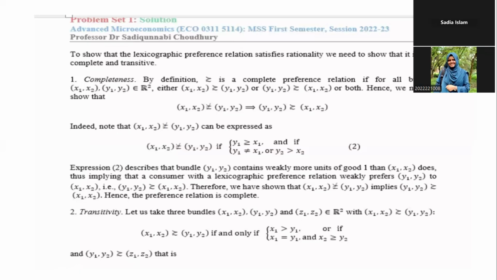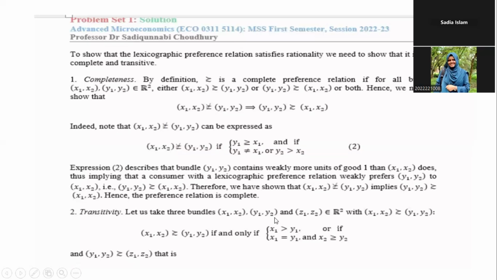Now we show that if we prefer apple over orange, and if we prefer orange over banana, we actually mean that we prefer apple over banana. This process is called transitivity.